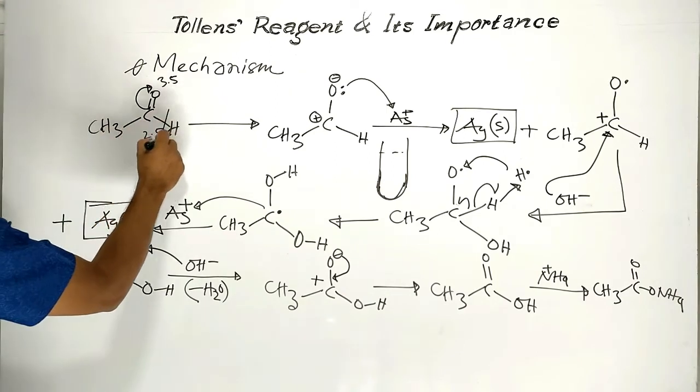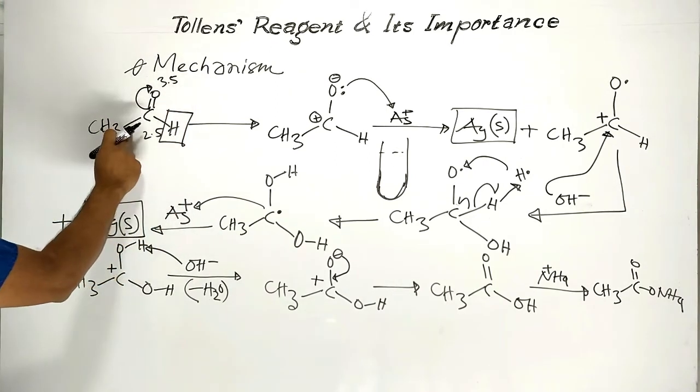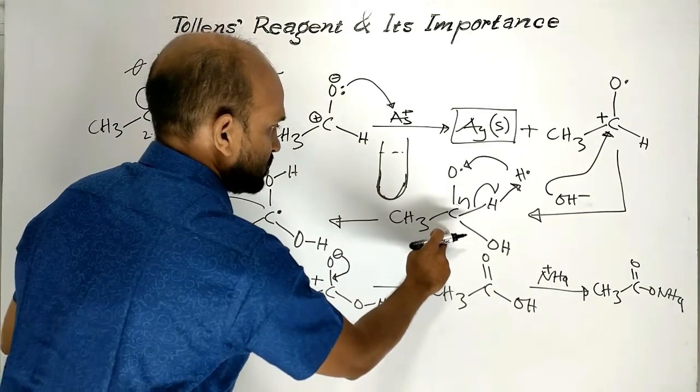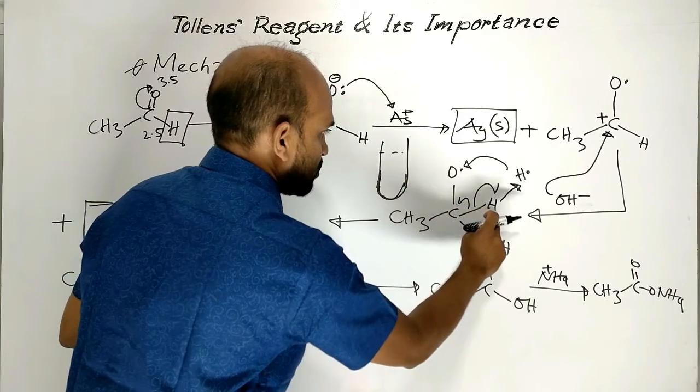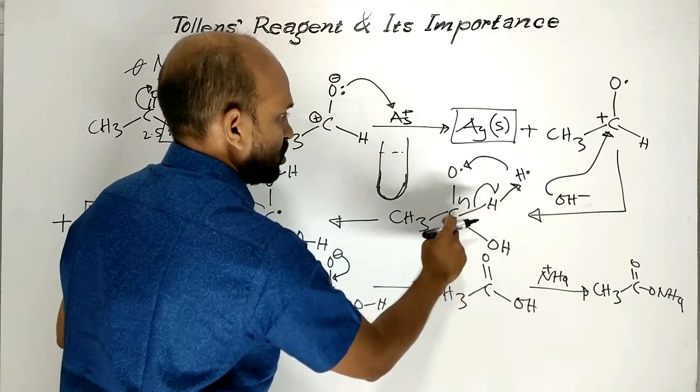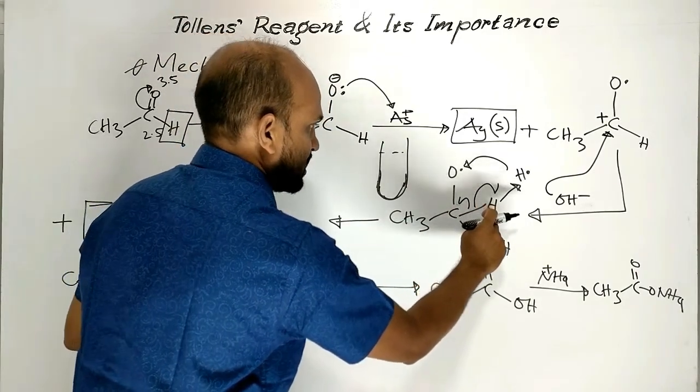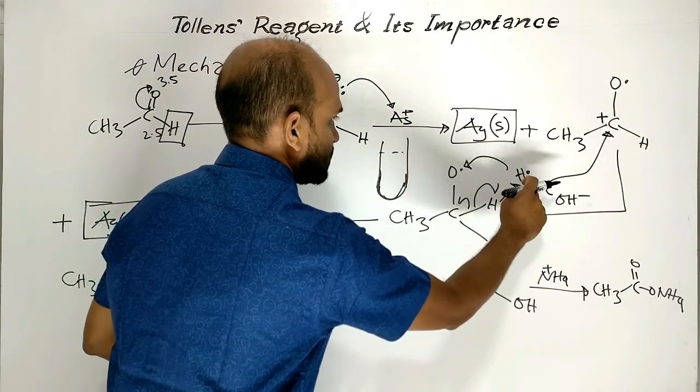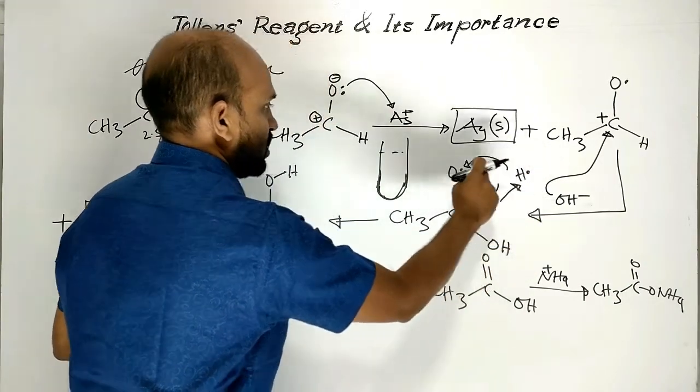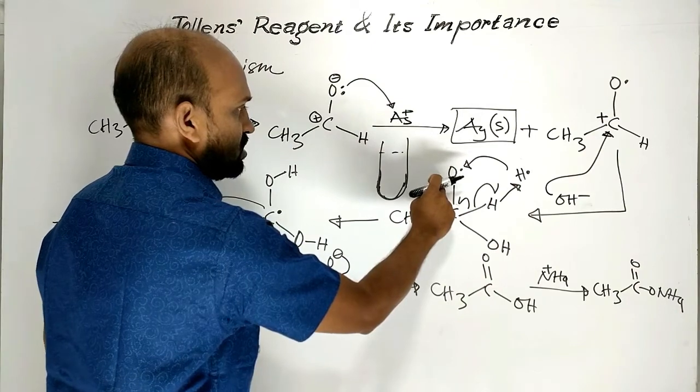Here, hydrogen plays an important role. That is, in this case, we see that the carbon-hydrogen bond undergoes homolytic fission. This hydrogen gets freed as a free radical that combines with the oxygen free radical.